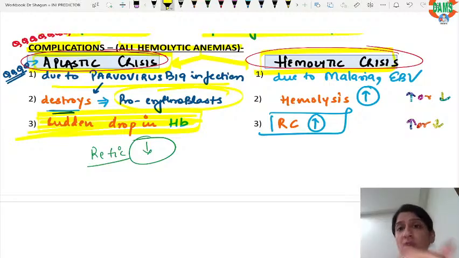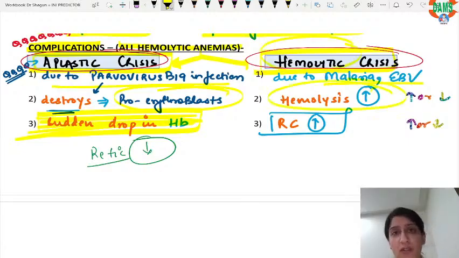But hemolytic crisis is also because of certain infections. My patient all of a sudden deteriorates. Infections like malaria, EBV. The name itself says hemolytic crisis, meaning I will have a lot of hemolysis here. And you know that whenever you have more RBC destruction, your bone marrow tries to compensate by producing more RBCs, by doing more erythropoiesis.